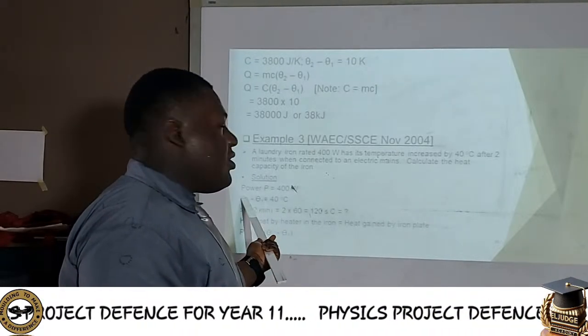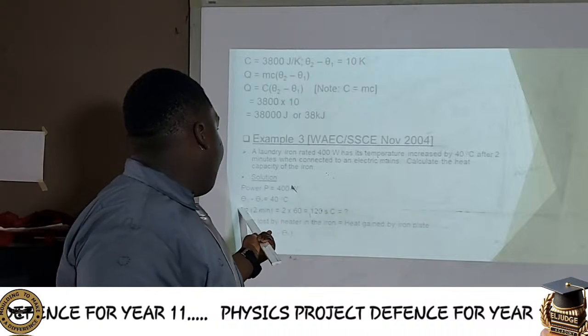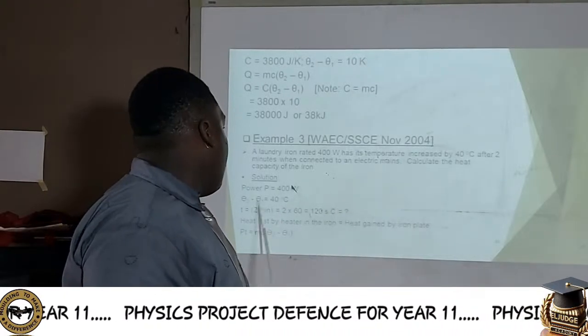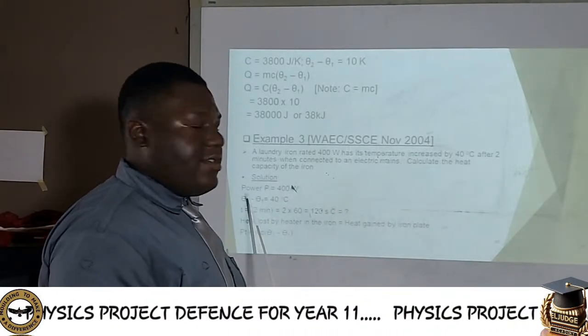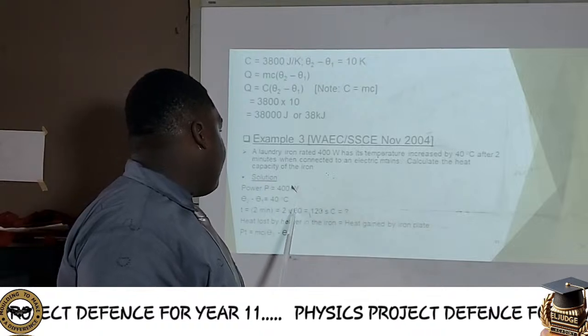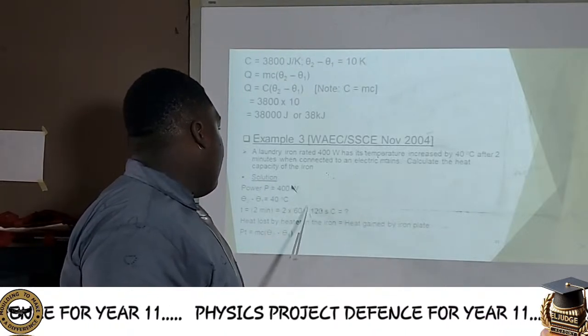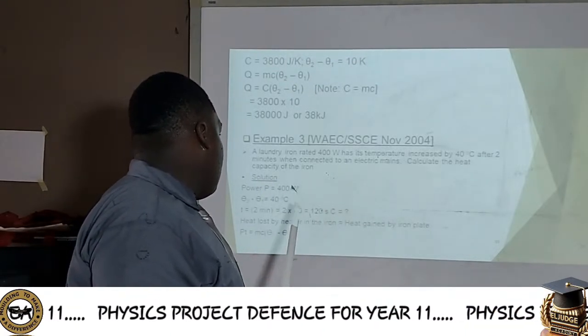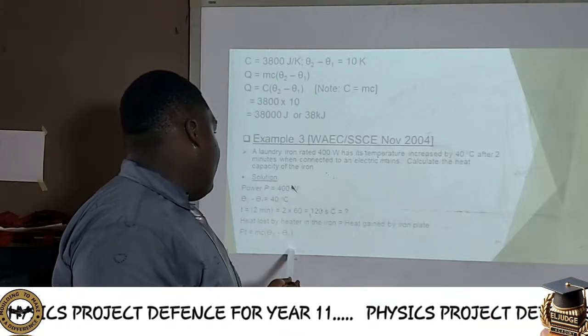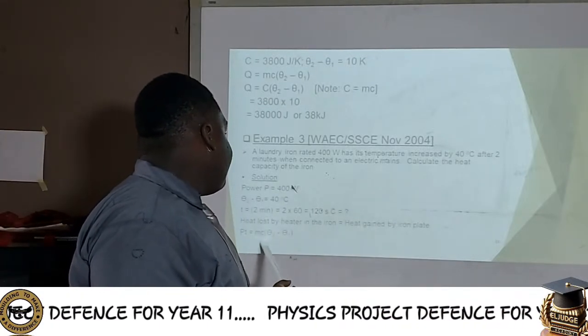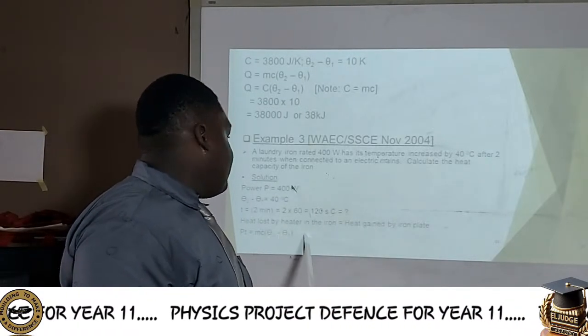The time is 2 minutes. You convert minutes to seconds by multiplying 2 by 60, which is 120 seconds. So the formula you use to calculate this is PT equals MC bracket theta 2 minus theta 1.